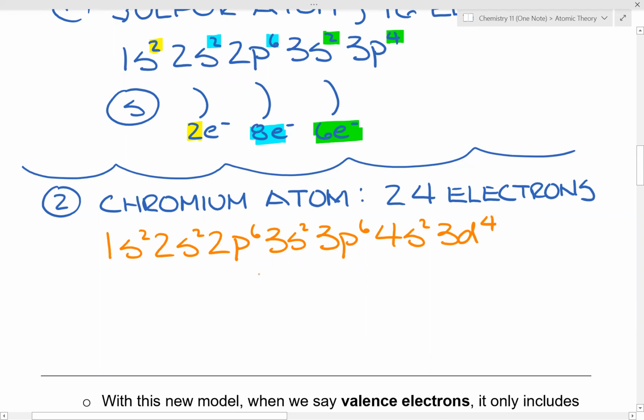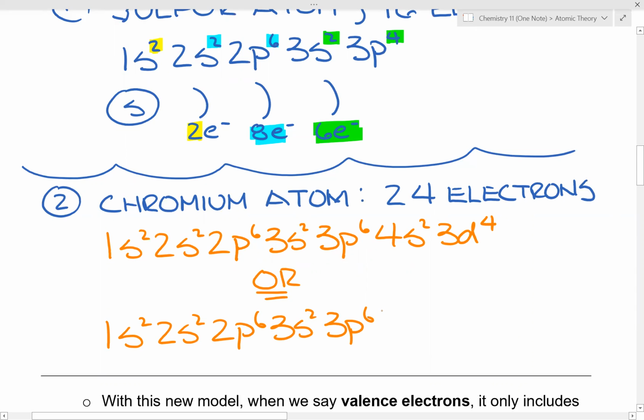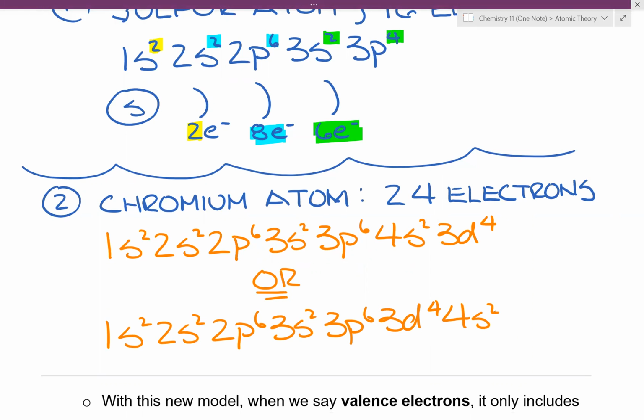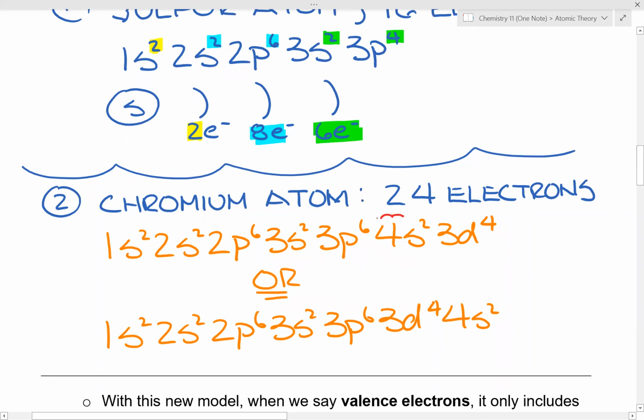3d4. Now, in some books, they will write it like this: 1s2, 2s2, 2p6, 3s2, 3p6, 3d4, 4s2. Notice the difference, okay?